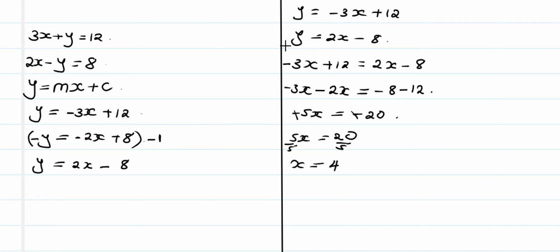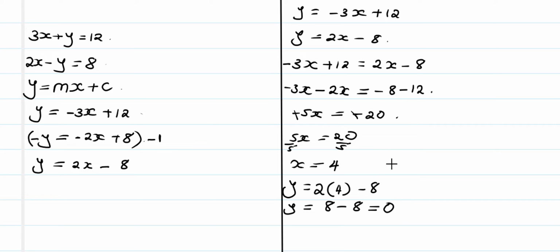So I can just pick this one. I say y is equal to 2, but I know x is now 4 minus 8. So y is equal to 2 multiplied by 4 is 8, but now minus 8, which is equal to 0.